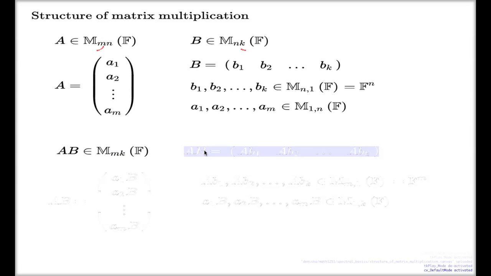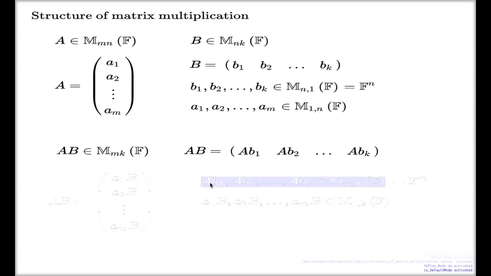What I claim is this: if you look at this product matrix from the structural point of view, for instance, the columns of this matrix will be these columns. So you see what happens? If you multiply B by A from the left-hand side, it is the same as if you multiply every column of B by A individually. That's my first observation I'd like to keep in mind for the duration of today's lecture.